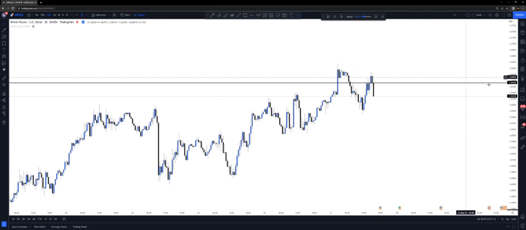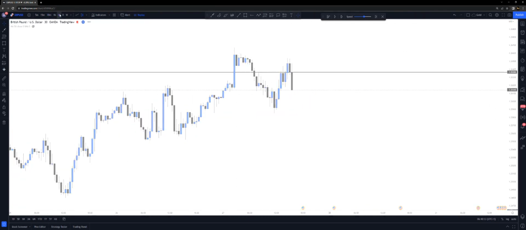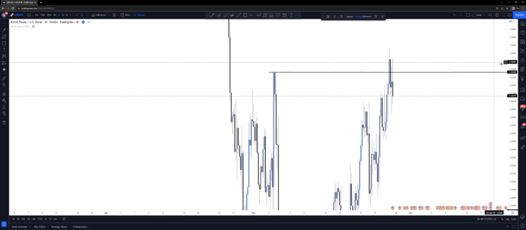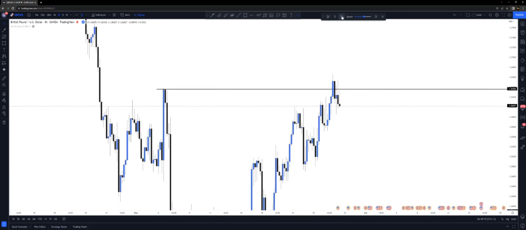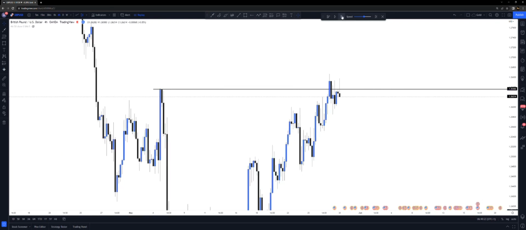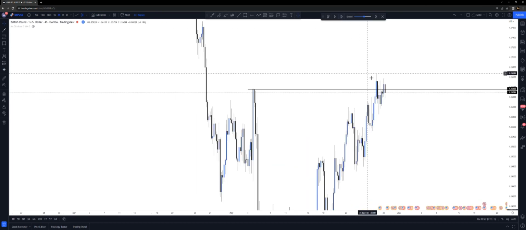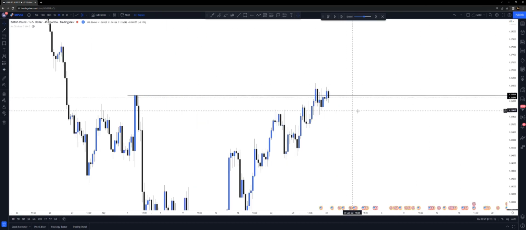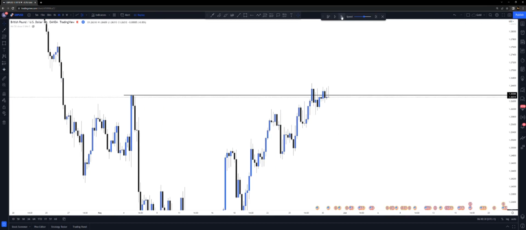On the 30 minutes, see it more clearly. So let's exercise more patience. We'll see the slowdown right here from this level. So let's be patient and let's see what the market ends up doing.